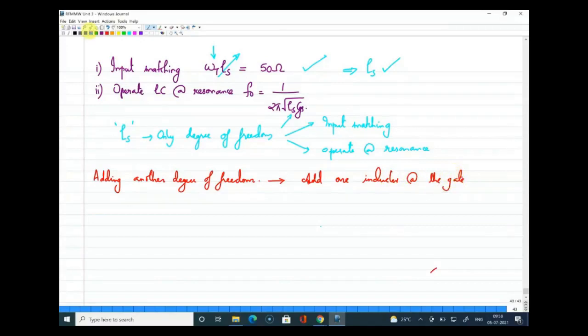It is something like this. So we have the transistor here, and now the condition is like this. We added an inductance Ls here in series, and we have the parasitic element CGS here in parallel. So we have CGS.